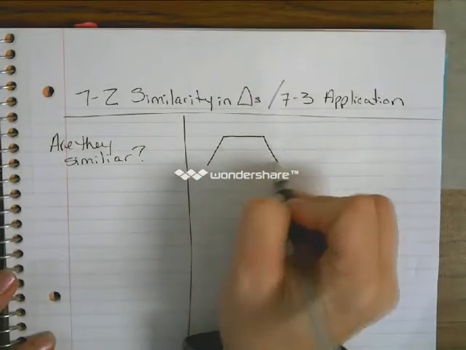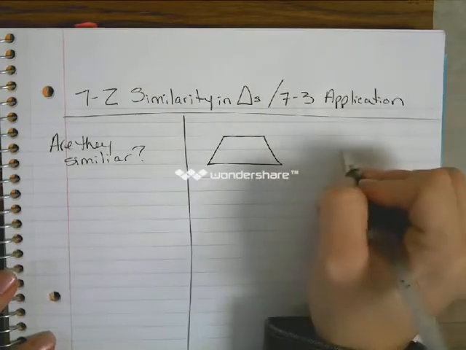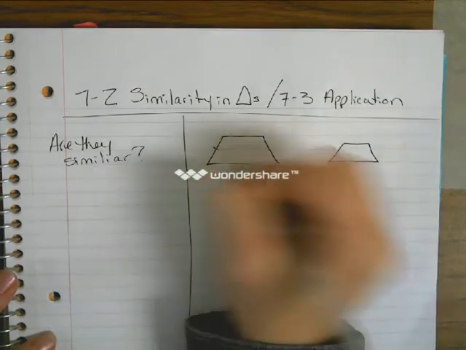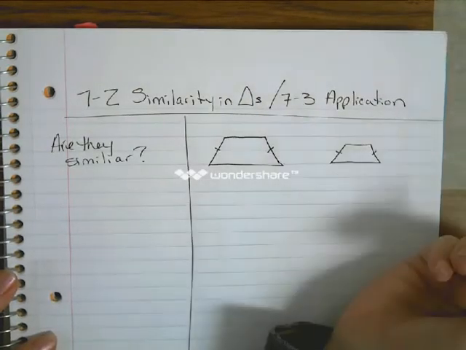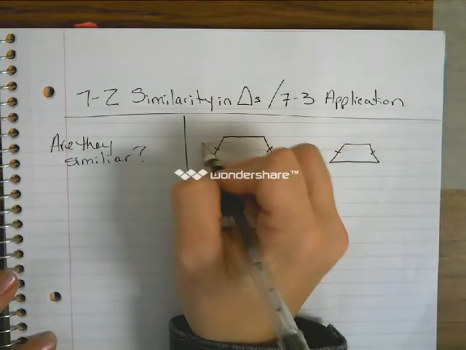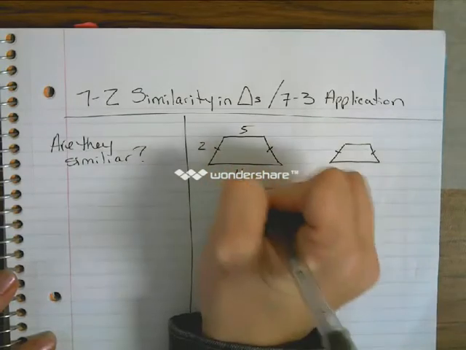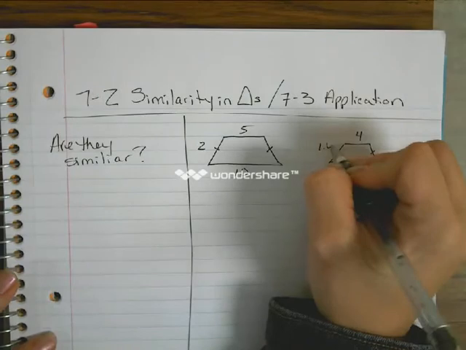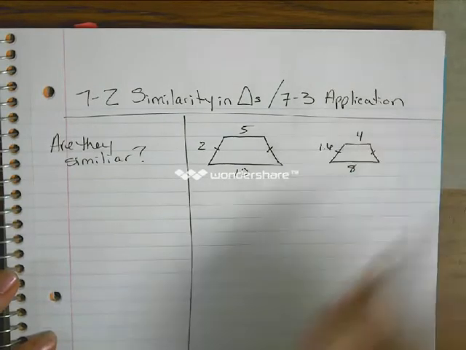So, I have that trapezoid and that trapezoid, and these are isosceles trapezoids, and I tell you this is 2, 5, and 10, and I tell you this is 4, 1.6, and 8. Can you tell me if they're similar?